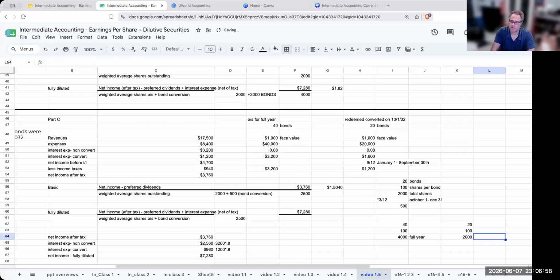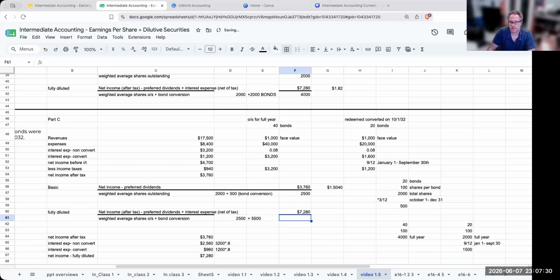And then 2,000 is for the full year, but I have to multiply this by 9/12. So basically the months where it wasn't outstanding, right? So this is going to be January 1st through September 30th. Okay. So over here, then the shares I'm going to be adding back in the diluted is going to be essentially 5,500.